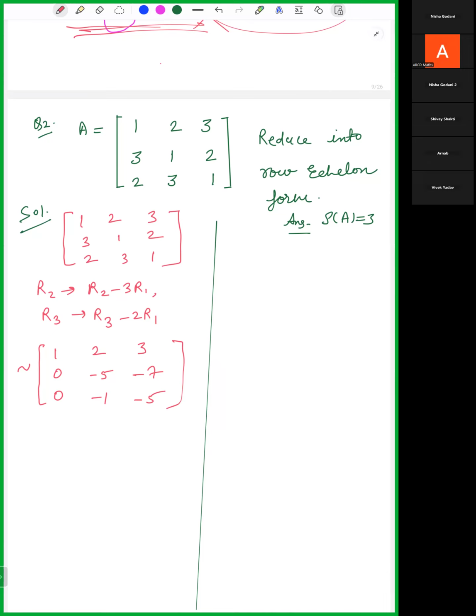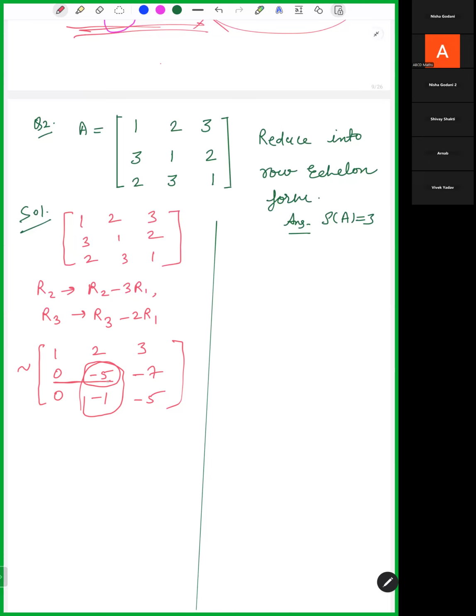Now, what to do? Now you have 1 in the first row and zeros below this one. Now you have to move to the second row. In the second row, you must have the number equal to 1 if possible. Now you can see that this is minus 5 and minus 1. Now what can you do here?